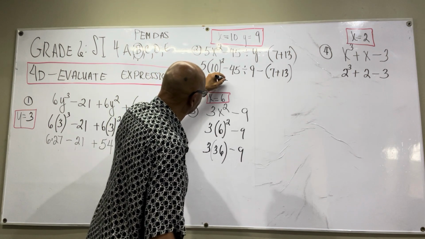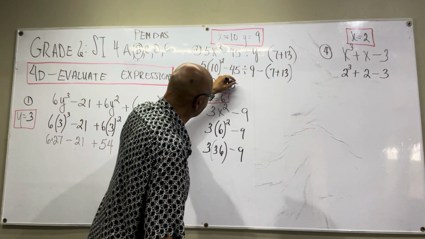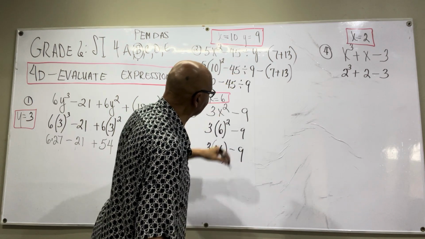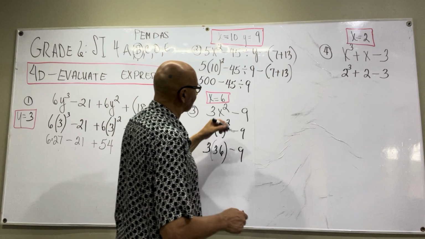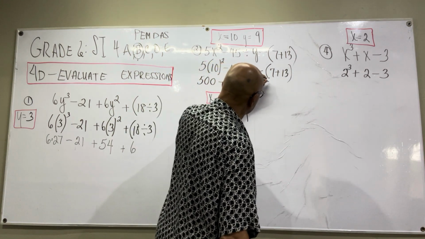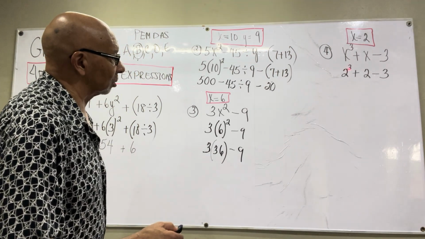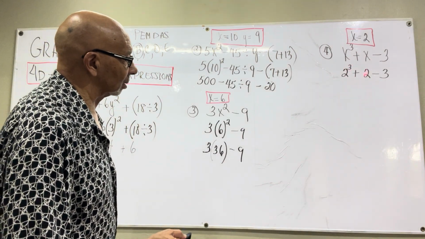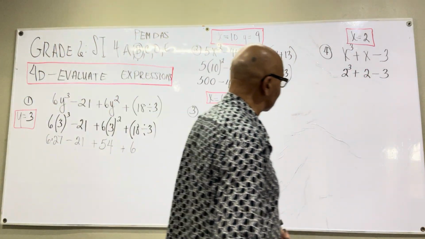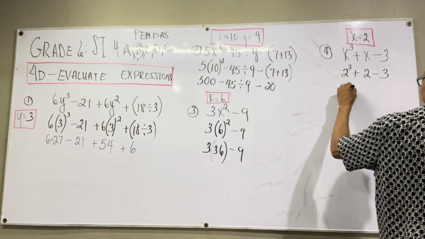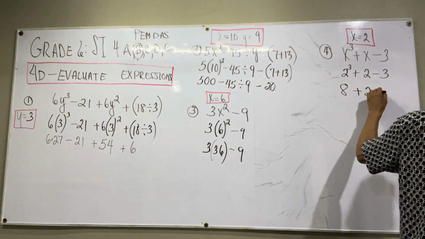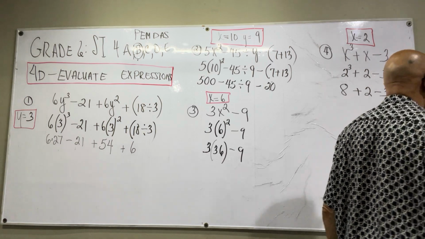Take away 45 divided by 9 minus, get rid of this parentheses, will be 20. So 2 cubed is 8 plus 2 take away 3. I said 1, but it's really 3.